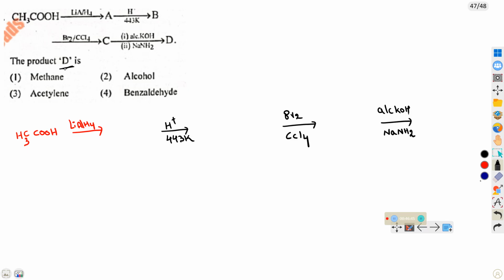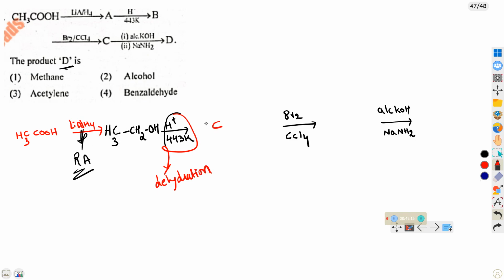Identify the product D. LiAlH4 acts as a reducing agent. Reduction process takes place. Carboxylic acids undergo reduction. Then it gives alcohol. Alcohol, H plus, 443 kelvins. Which process takes place? Dehydration process takes place. Dehydration, then the product is CH2 double bond CH2. Now halogenation, addition reaction, Br2, CCl4.